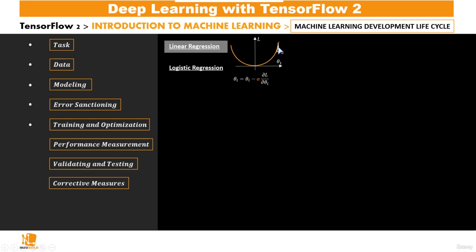That's from our calculus course. So if we are at this point, the partial derivative of L with respect to theta 1 is positive, since this is a positive slope.